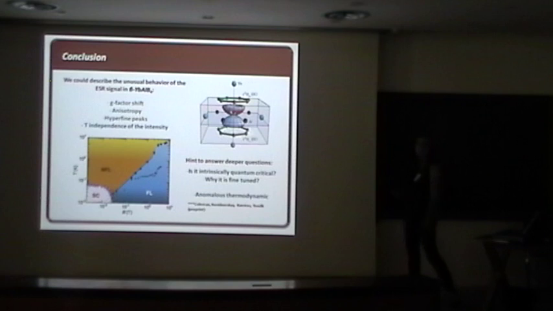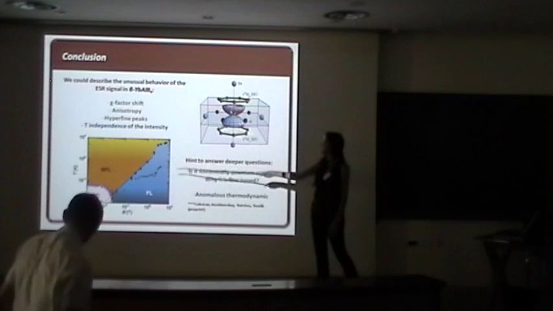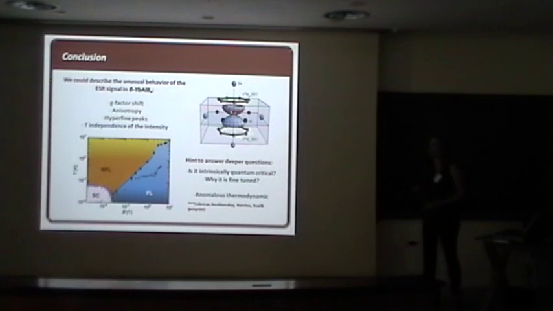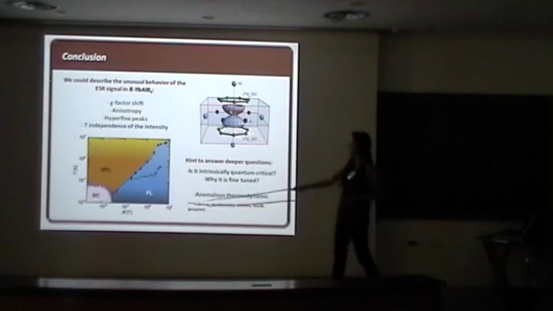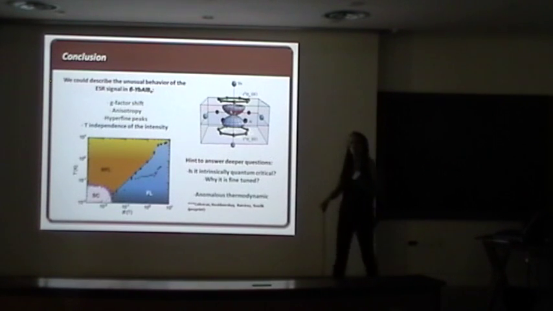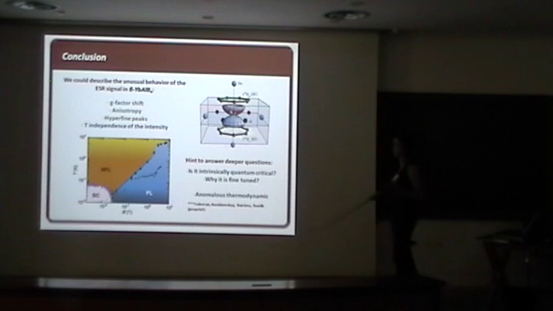But there are things we are trying to work on now. Mainly about this non-Fermi liquid behavior, whether it is intrinsically quantum critical, or whether it is fine-tuned, because it seems that this critical field is very close to zero based on experiments. They can say it's strictly zero, but it's inside the error of the experiments.